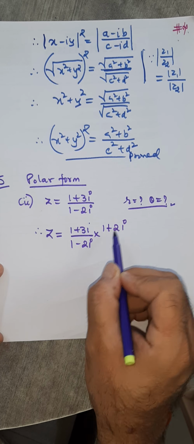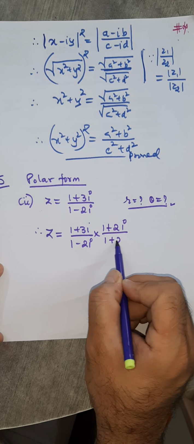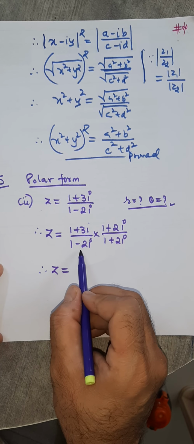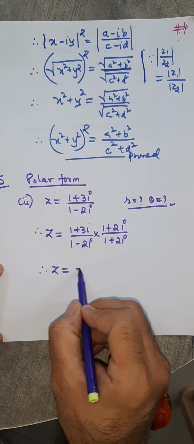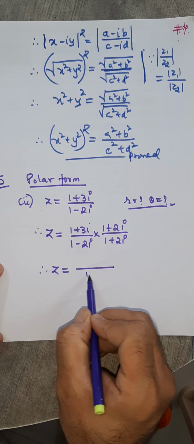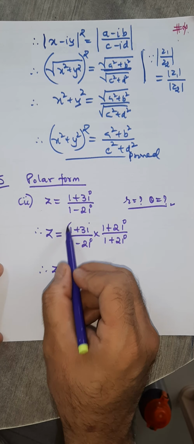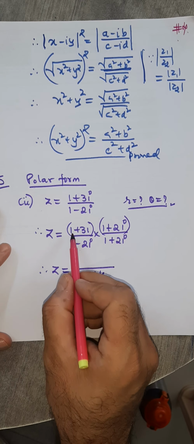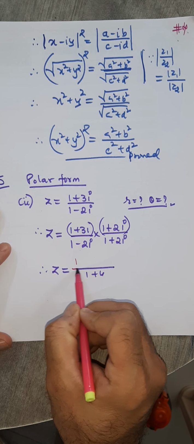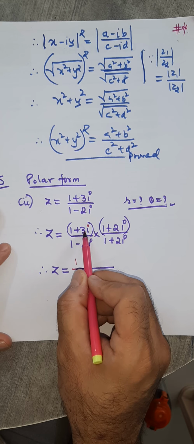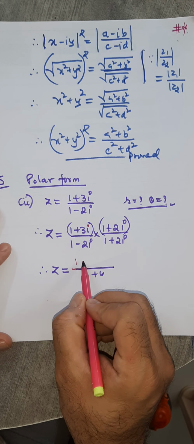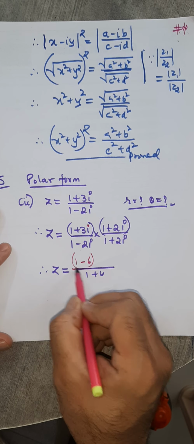1 plus 2 iota upon 1 plus 2 iota. What is this? This is z into its conjugate, which is x square plus y square. So 1 plus 4. Here I'll open these two brackets. So 1 into 1, 1; 3 iota into 2 iota, which is nothing but 6 iota square, so into minus 6.